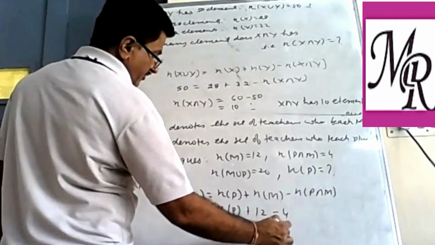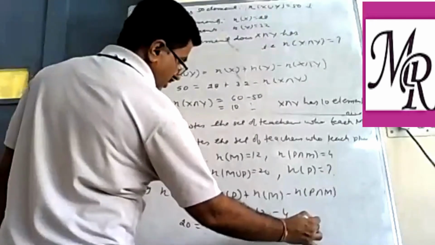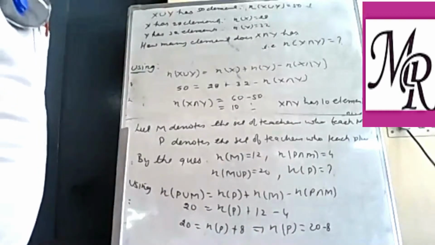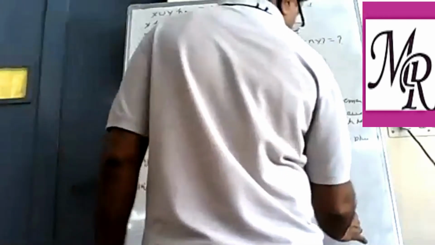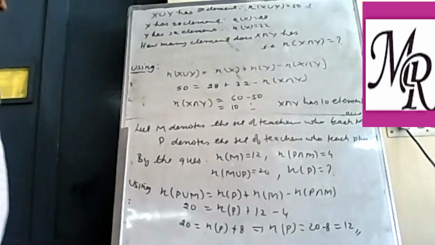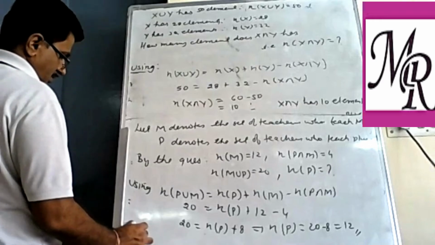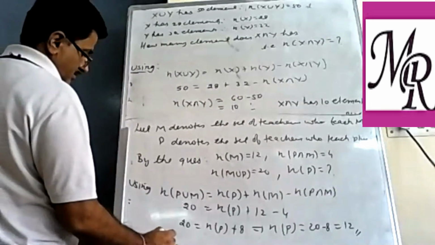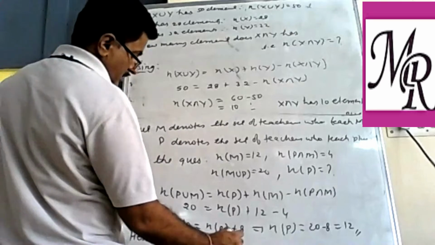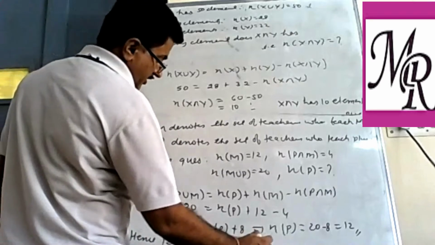So number of physics teachers equals 20 minus 8. Right? So how many teachers are there for physics? 12. So 12 teachers teach physics.